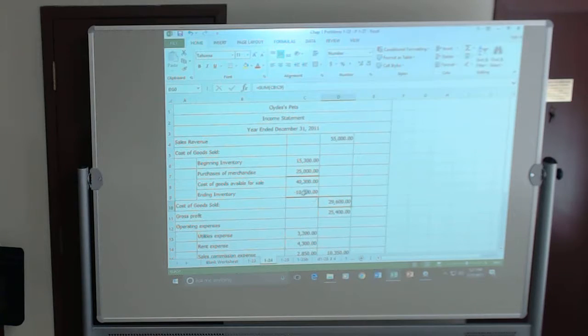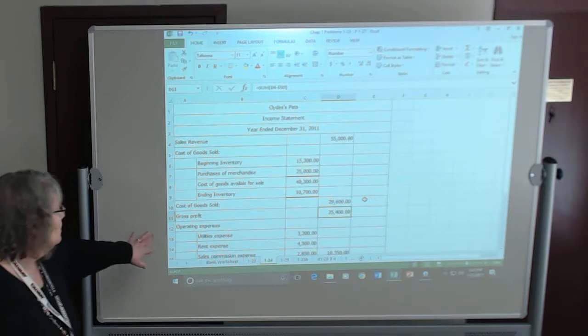If I put this in as a negative number, I can sum and come up with my total. If I don't put it in as a negative number, then I go sum this minus this. Okay, that's fine.